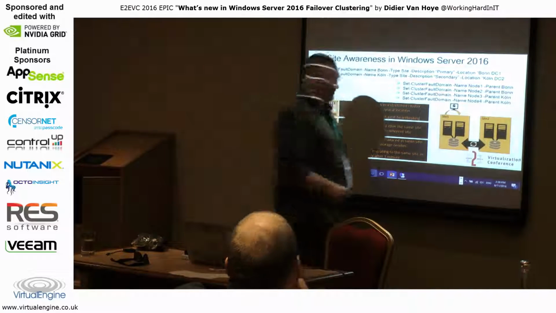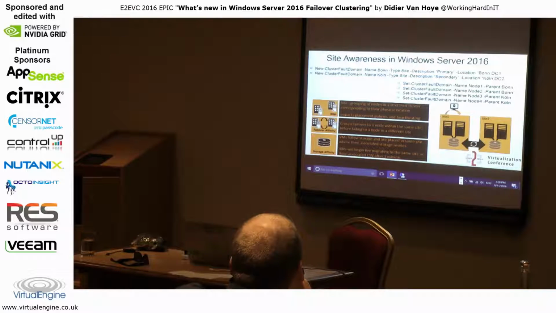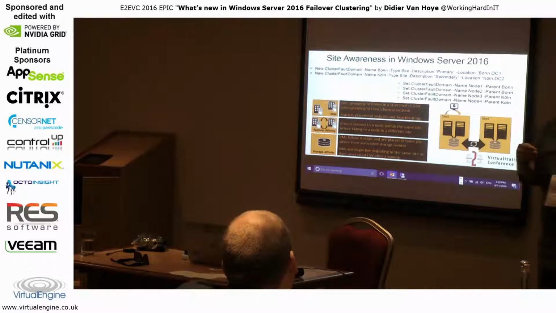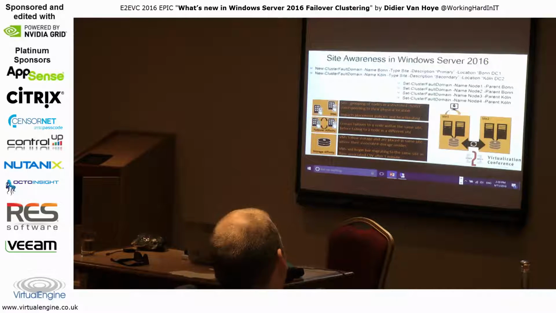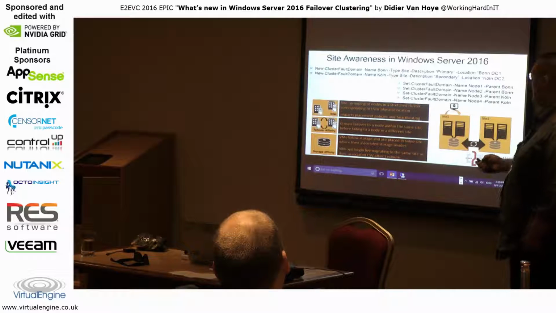The site awareness in Windows Server 2016 has been a godsend, I would say, because now your cluster and your nodes can be site aware. And they have changed the way they do it in TP5. They now actually leverage something important, a fault domain. They have introduced fault domains in Windows, and one of the types of a fault domain for a cluster is of the type site.